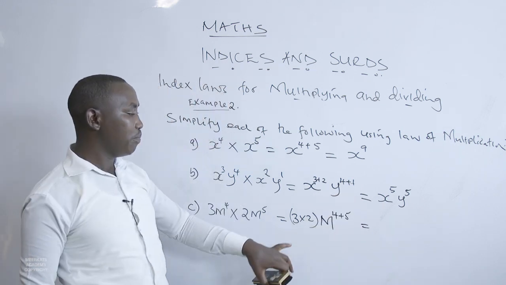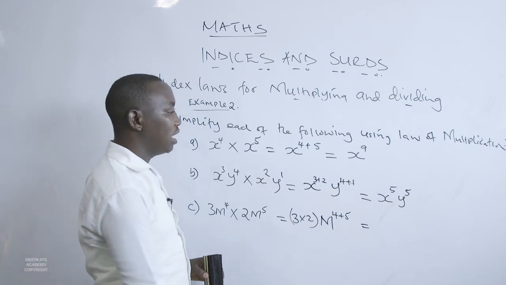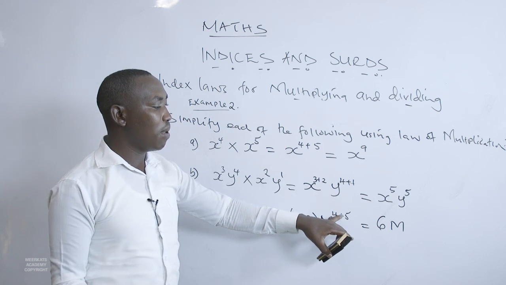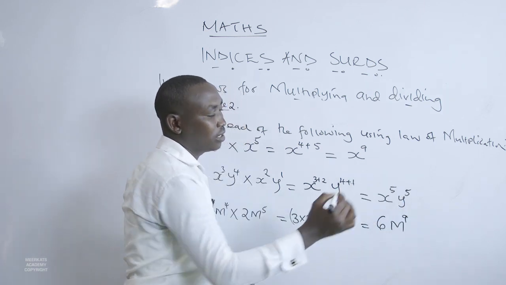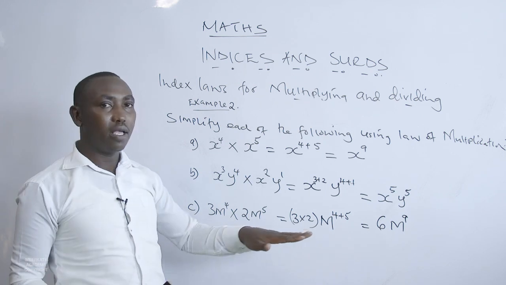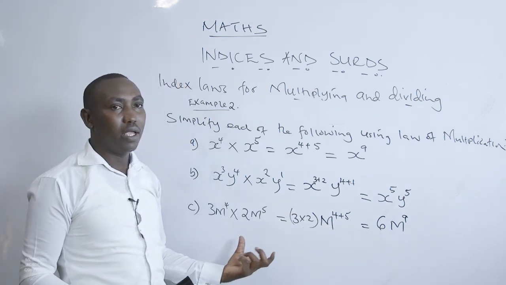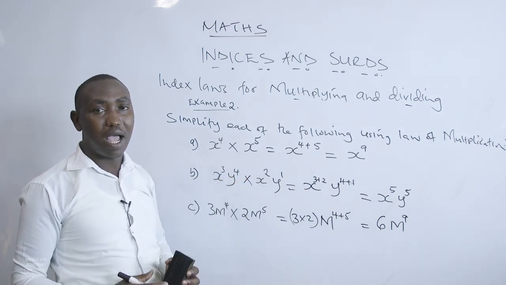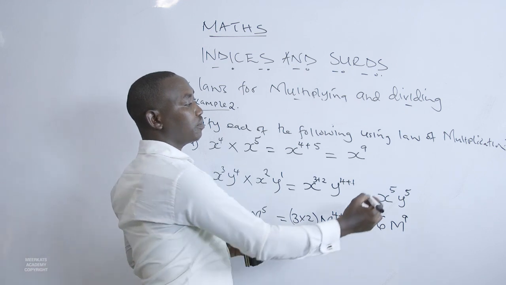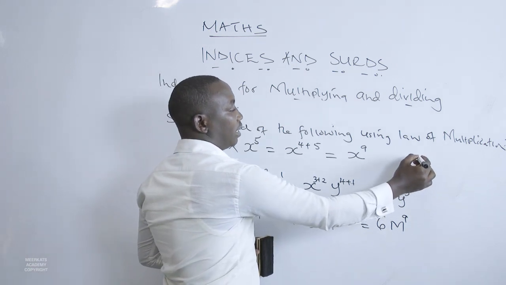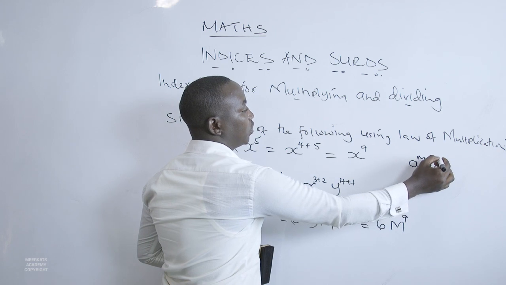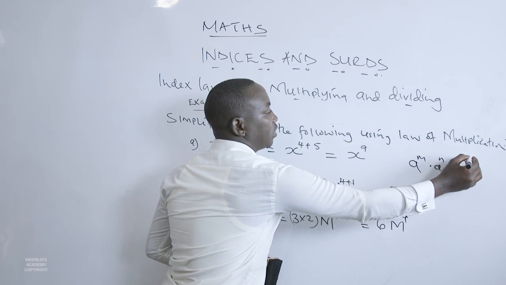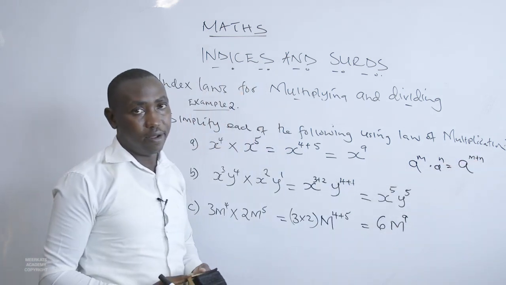So when we simplify, 3 multiplied by 2 gives us 6, and m, 4 plus 5 gives us 9. So this is the answer when you have simplified. Always recall that for multiplication, whenever you have a raised to m multiplied by a raised to n, we add the powers, giving a raised to m plus n.